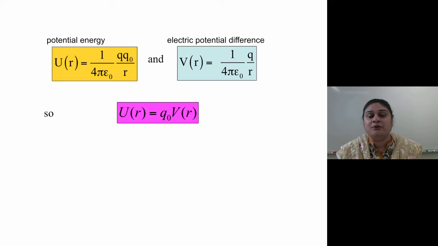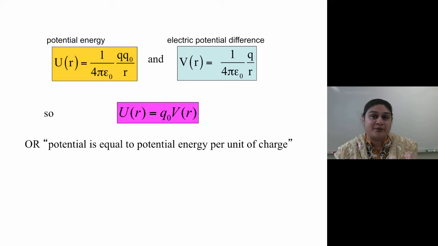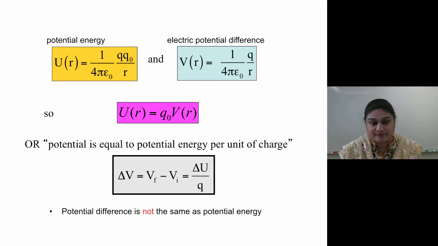Or U equals Q naught V. So electrical potential energy and electrical potential are related by the test charge. In words, potential is potential energy per unit of charge, or delta V equals delta U over Q.